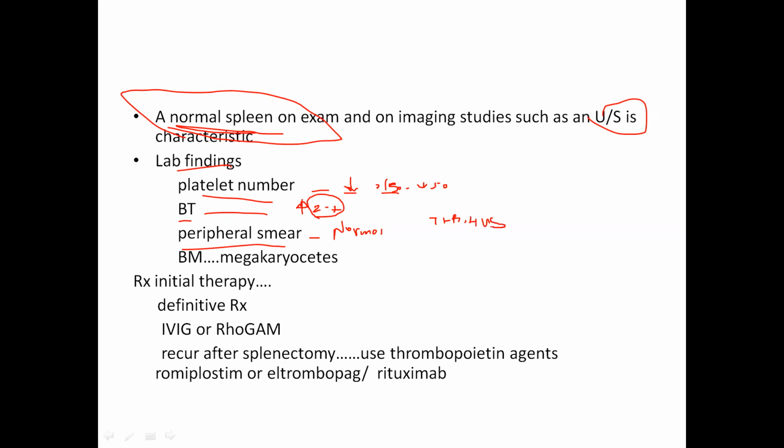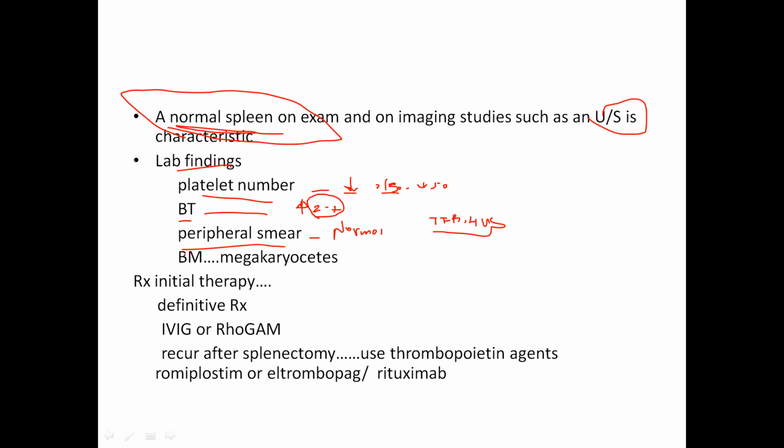In those causes of thrombocytopenia, the structure of the red blood cell, for example, is sheared, which you call spherocytosis. So in ITP, it is normal. So peripheral smear is very important to rule out other causes of thrombocytopenia.